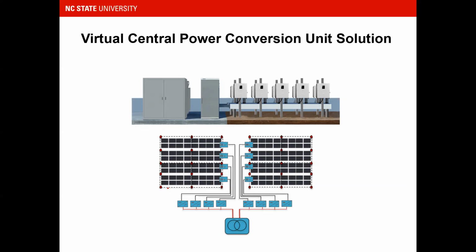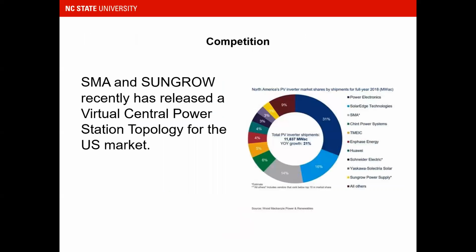Okay, so we also have competitors, and the competition in the US is big. We have two big competitors. One is SMA, that is from Germany, and the other one is Sungrow, that is from China. They recently released a virtual central power station topology for the US market using a similar concept to what we are using.